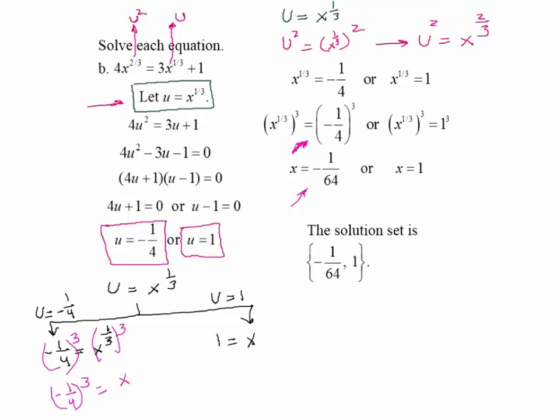If u is equal to 1, then 1 is equal to x to the power of 1/3. If I raise both sides to the power of 3 again, then you can see we can solve for x. So in this case, again, x would be equal to 1 to the power of 3, or just simply 1. That's my other solution. So the solution set is minus 1 over 64 and 1, using the substitution method.